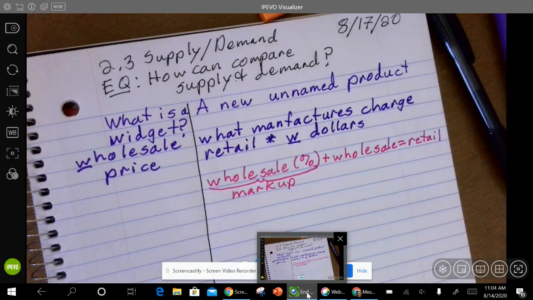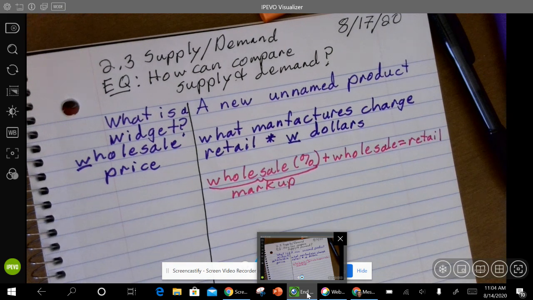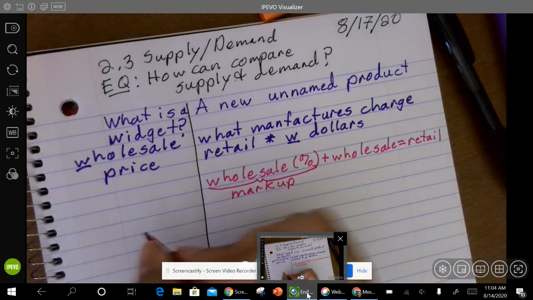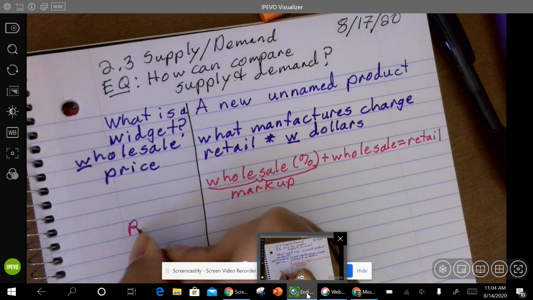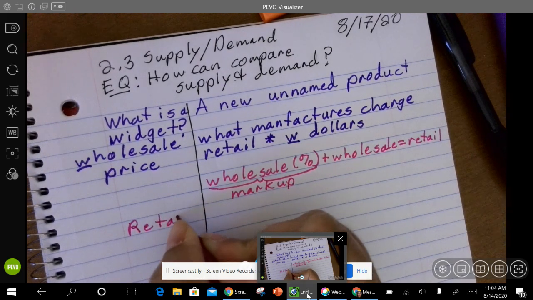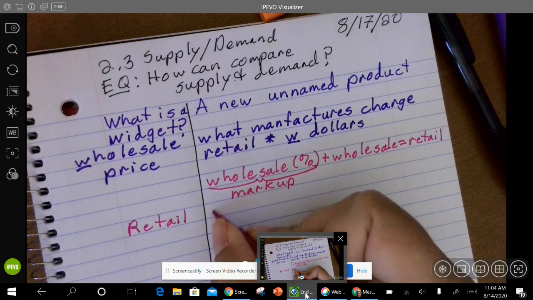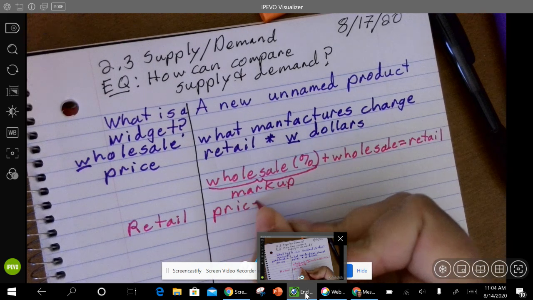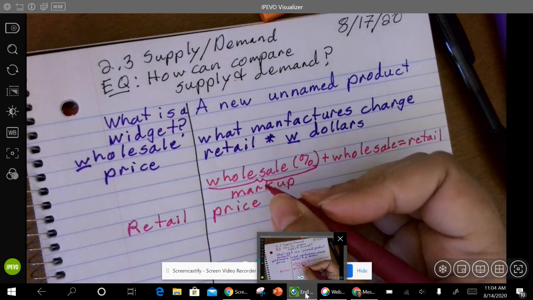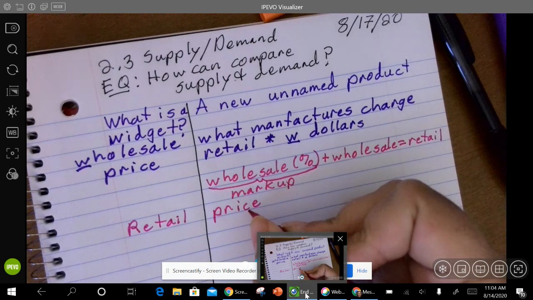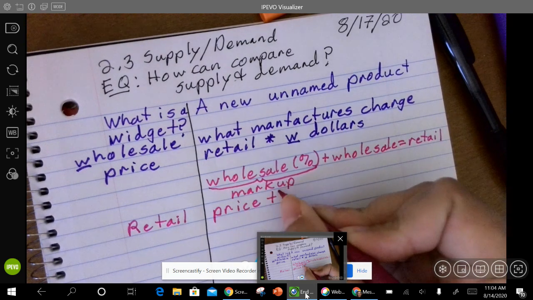So the retail price. Okay. So retail again. That's the price that the stores sell, so it's the price that we pay as a consumer.